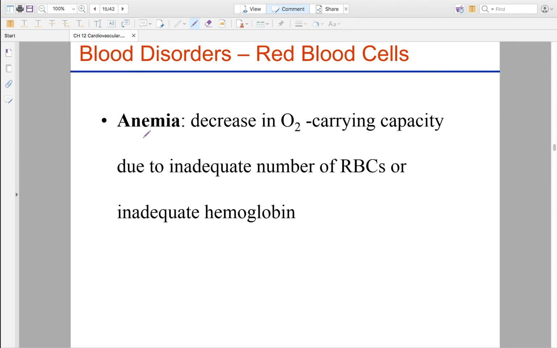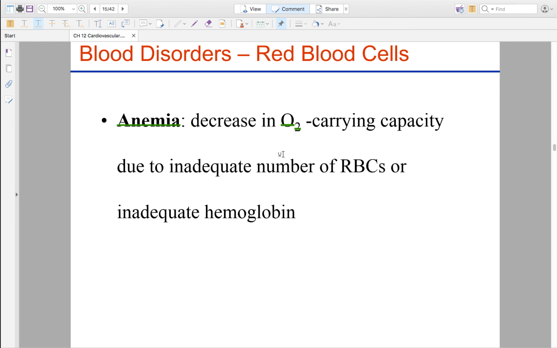All right, so let's talk about blood disorders. Blood disorders for red blood cells. The primary one is anemia, of course. When someone's anemic, they have low oxygen, which is an issue. Having low oxygen is definitely going to affect everything.